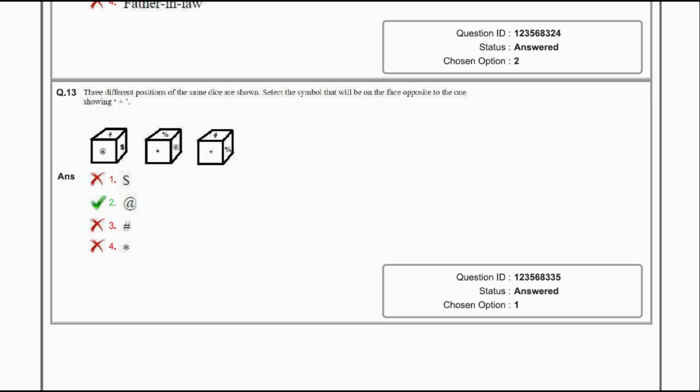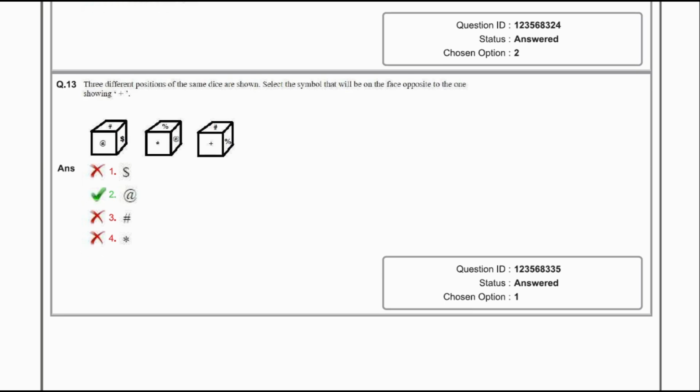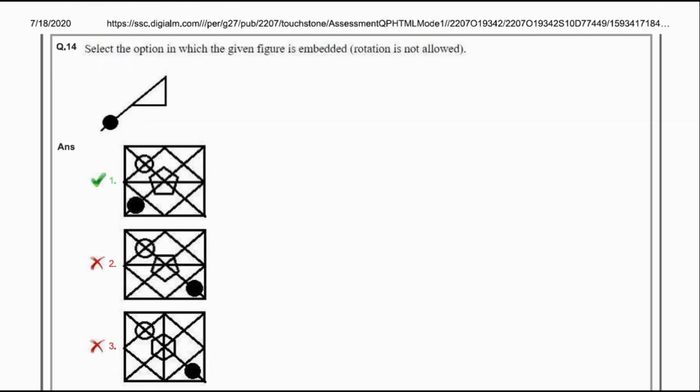So we will take hashtag and percentage on the very left hand side, and in the percentage side there will be a star. So star will be on the opposite side of hashtag. So for plus there will be @ sign. So option 2 is the correct one in this question. Move to question number 14.